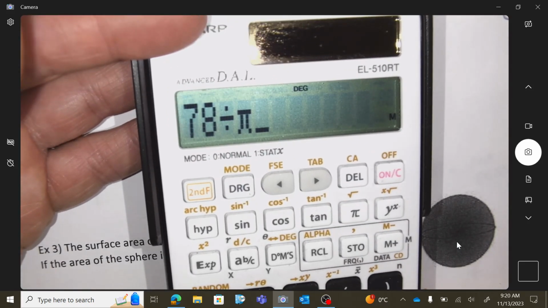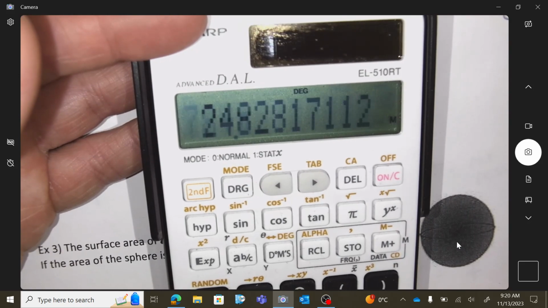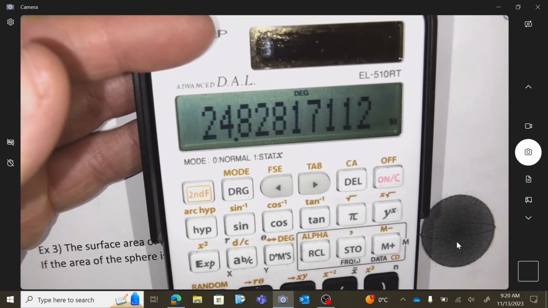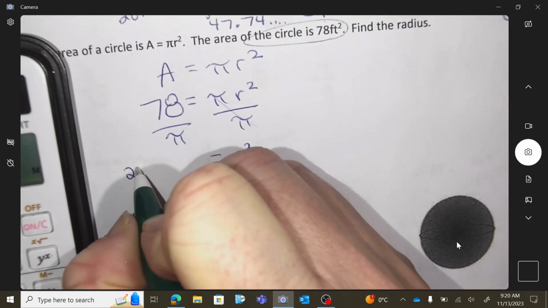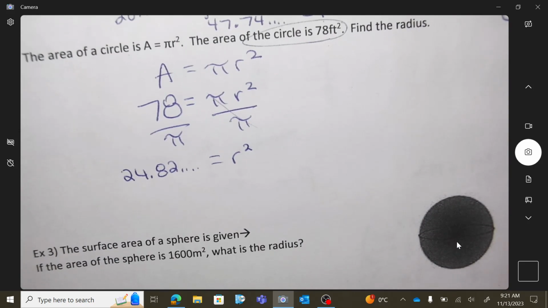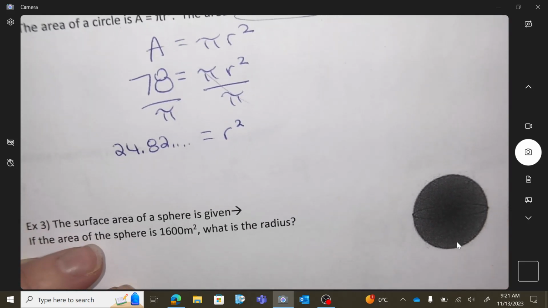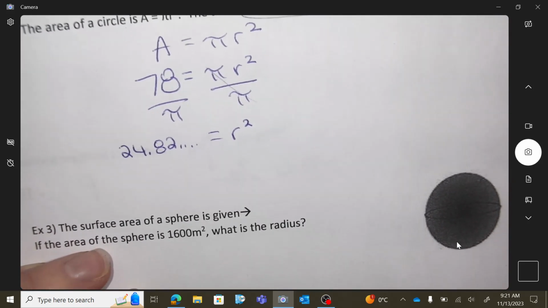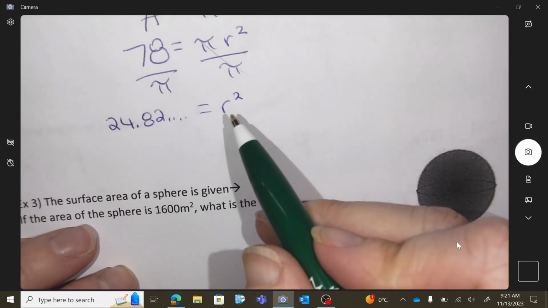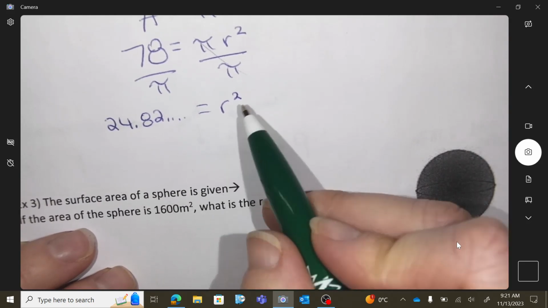And again, you have to use the pi button. So 24.82 dot dot dot. So I'm showing you the dots to say, hey, look at me keeping it on my calculator. How do I get r alone with algebra?